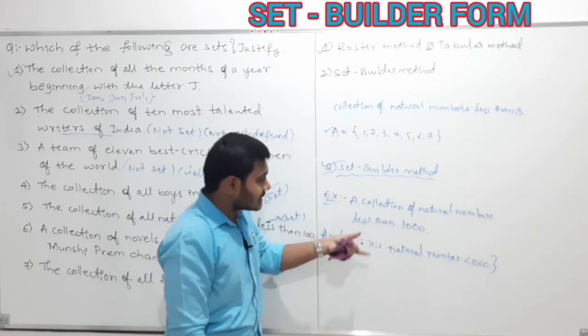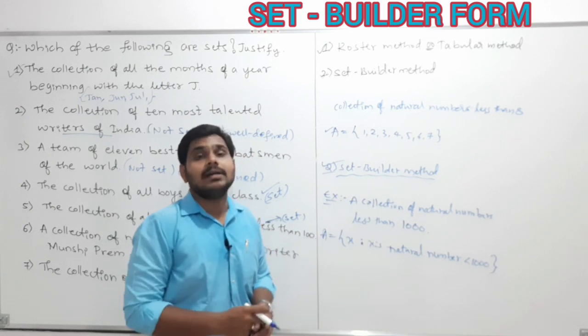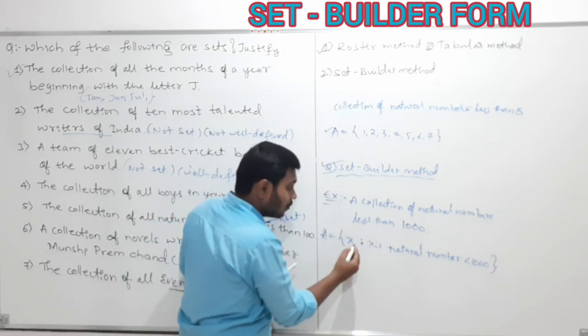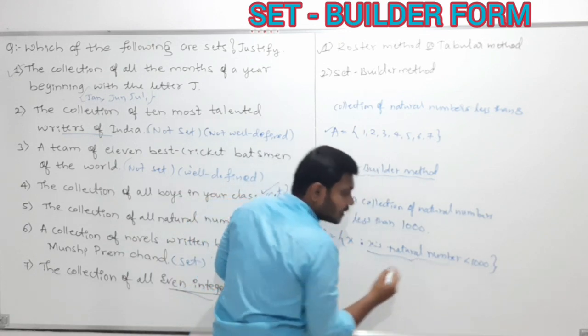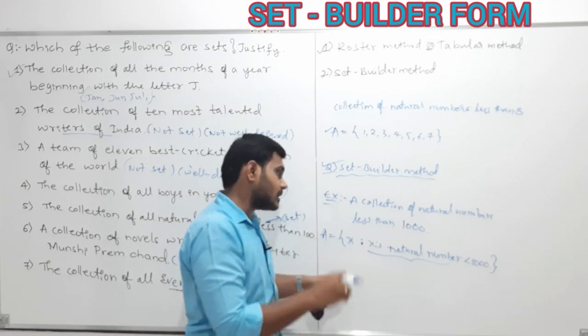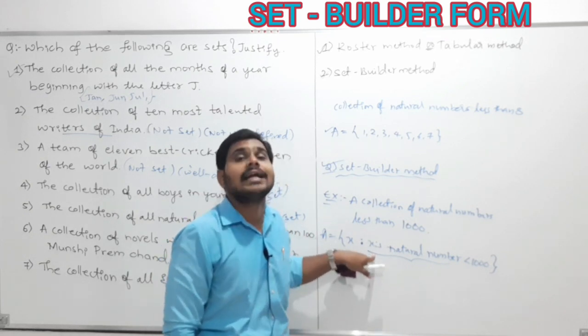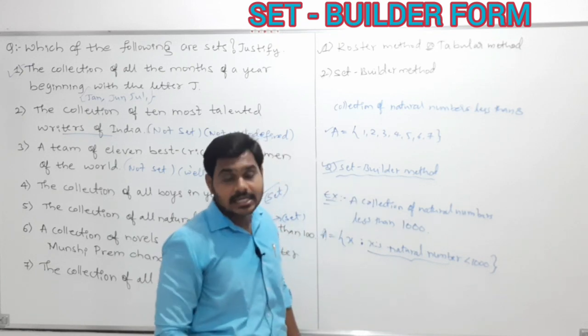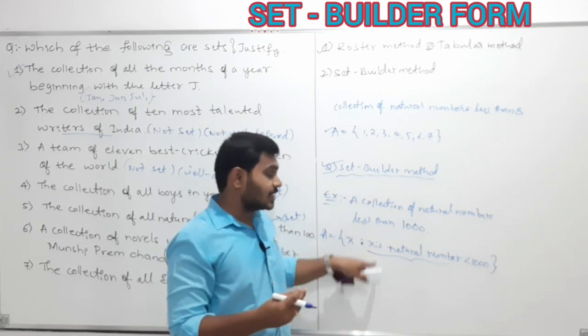If we write like this, we can call it the set builder method. In this method we will write a certain property. Whatever satisfies the property, all those elements will be contained in this set.